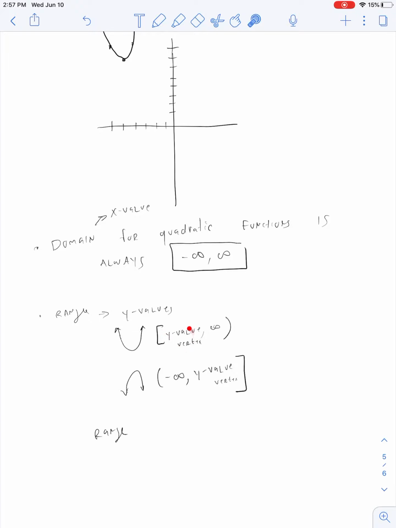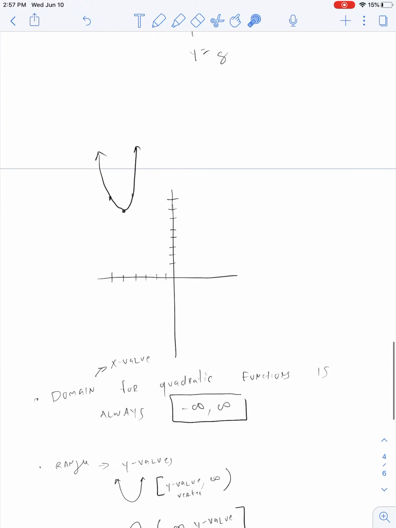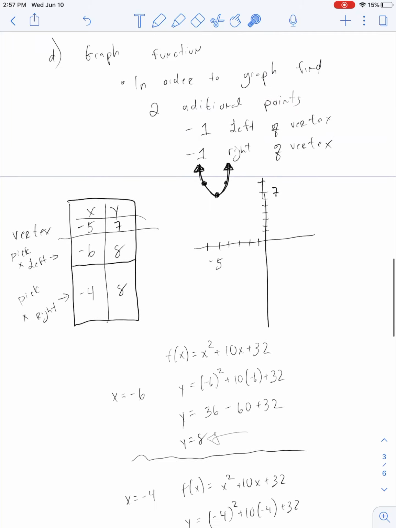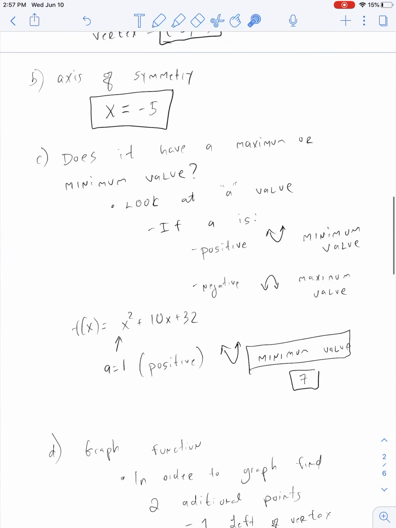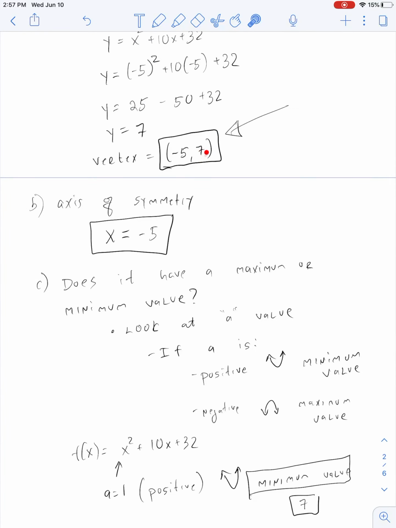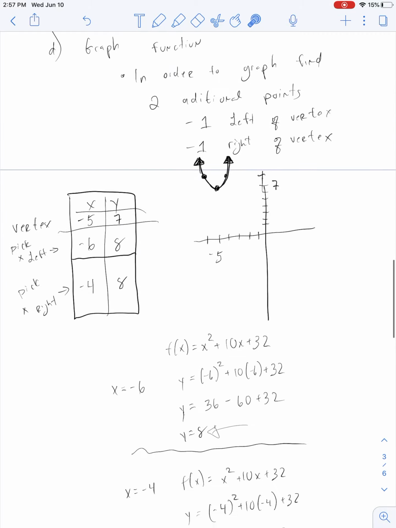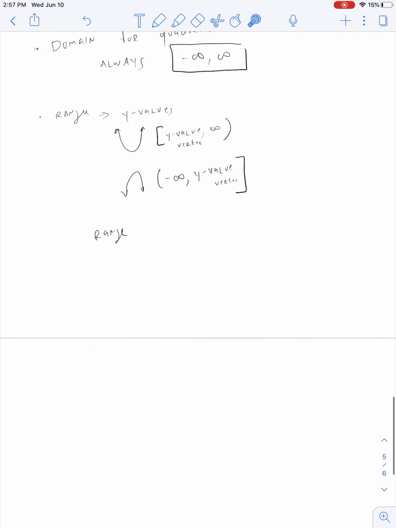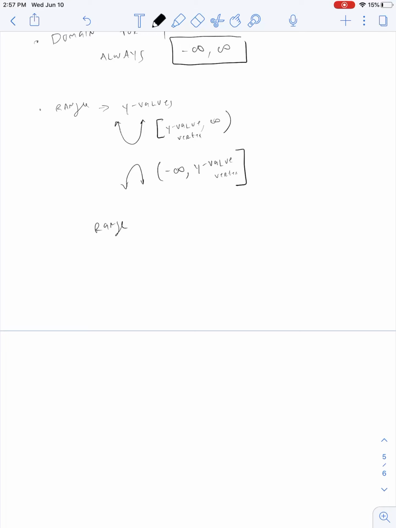What did we find as our y value of the vertex? It was 7, right? So our range is 7 bracket to infinity parentheses.